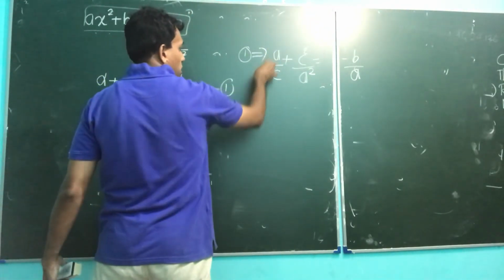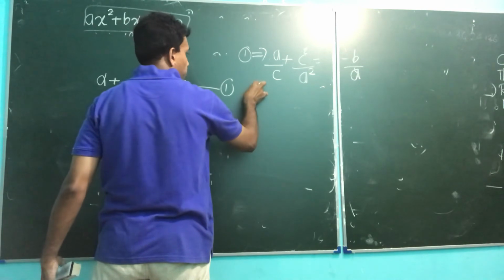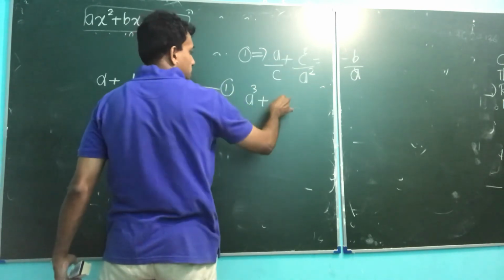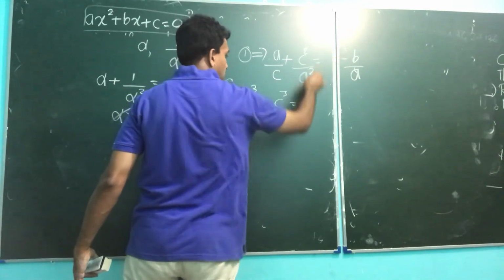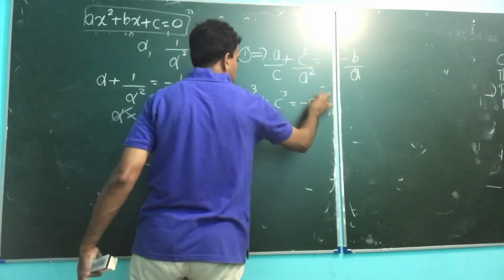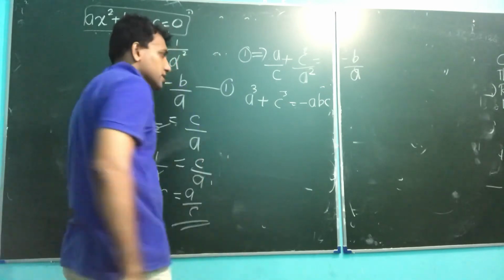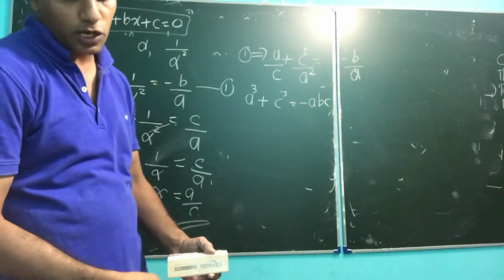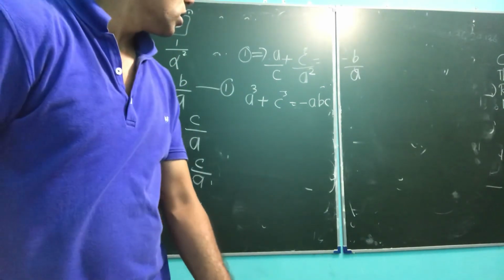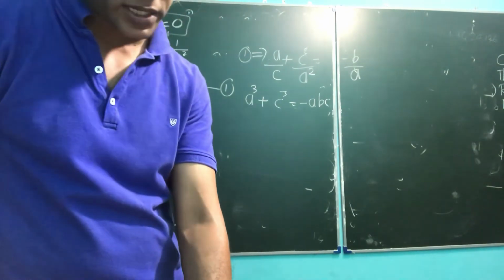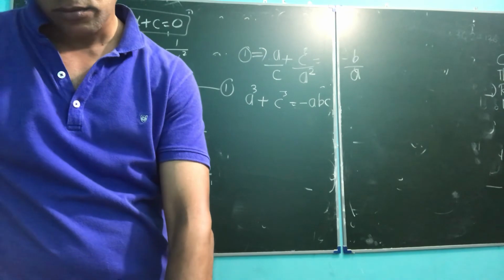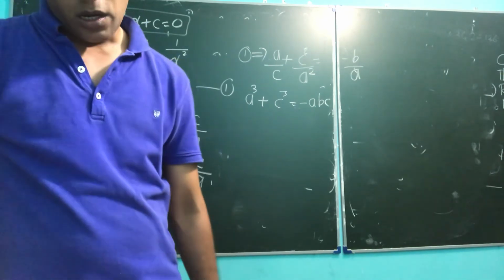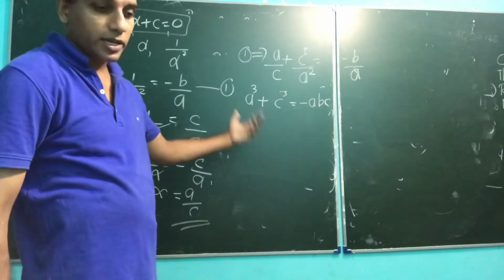So a cube, plus c cube, and a square c cancels one a, giving minus a b c. Take this side: a cube plus c cube equals minus a b c, so a cube plus c cube plus a b c equals 0, right?